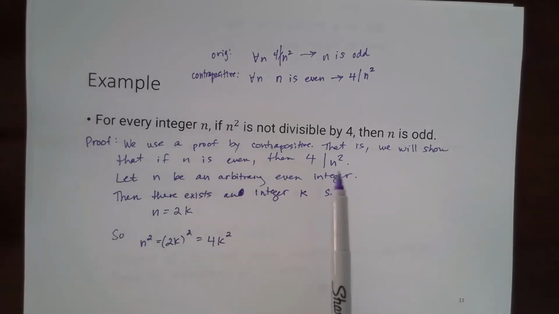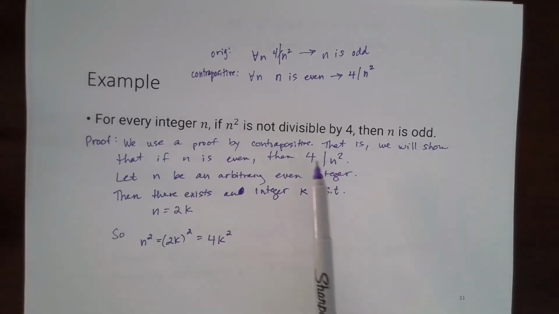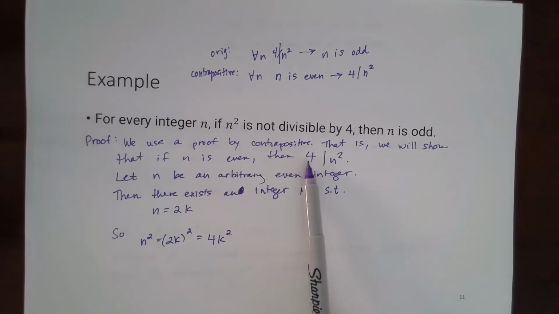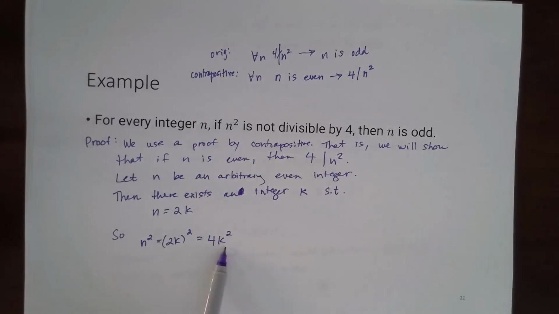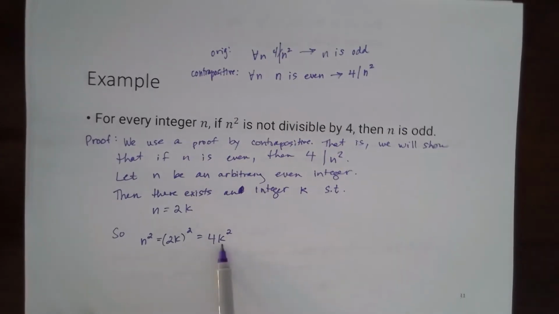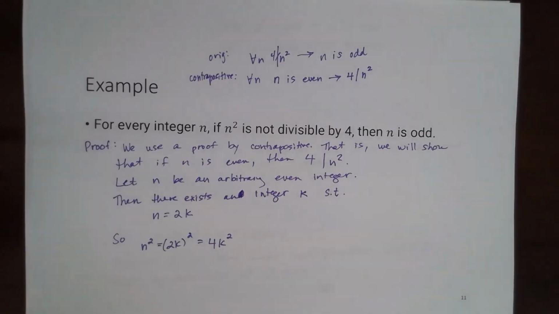So do we have enough to prove that n squared can be divided by 4? Basically, what's the only other thing we need to do? Not really. I need to just say something about what k squared is. We just have to say it's an integer, okay? Which is pretty easy. We already know that k is an integer, so k squared only involves multiplication.